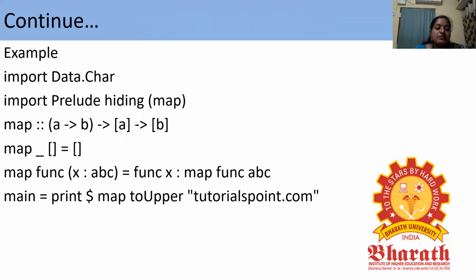So this is an example for a higher order function. We import Data.Char, and then import Prelude hiding map.